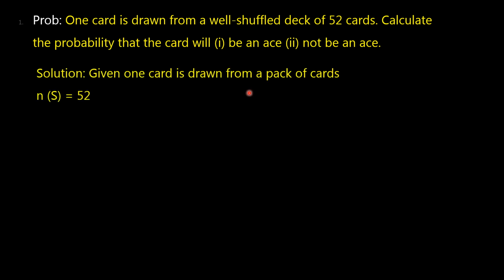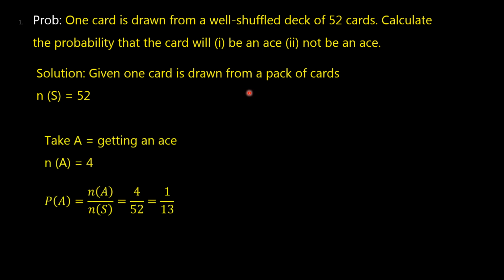Given one card is drawn from a pack of cards, n of S is 52 because the total number of cards is 52 only. Now take A is getting an ace. We have 4 ace cards. That's why n of A is equal to 4. Now P of A is n of A by n of S, that is 4 by 52, we get 1 by 13. The probability of getting an ace is 1 by 13.